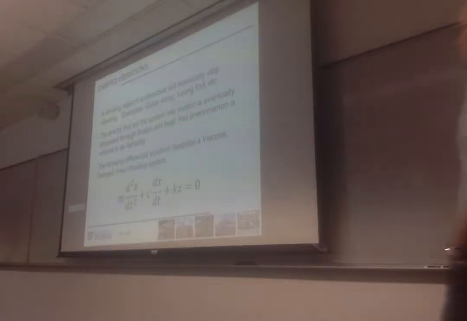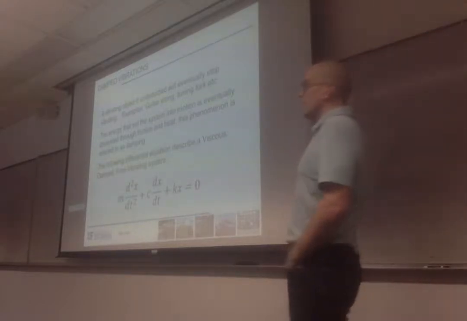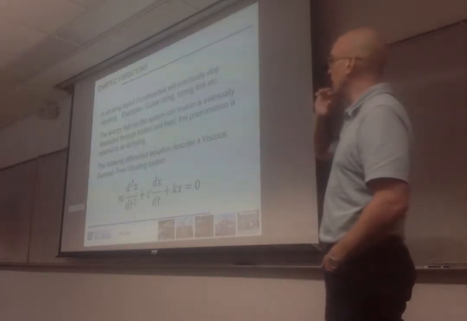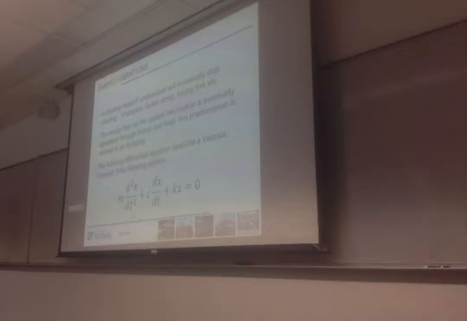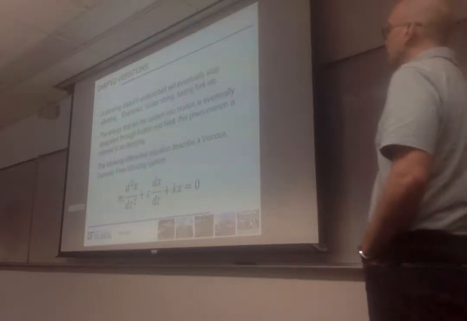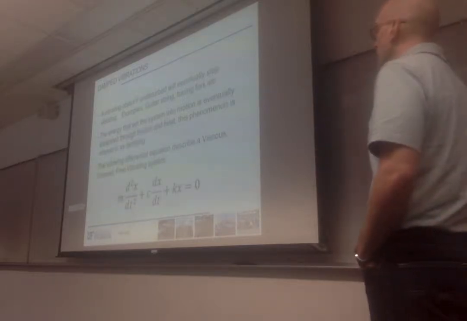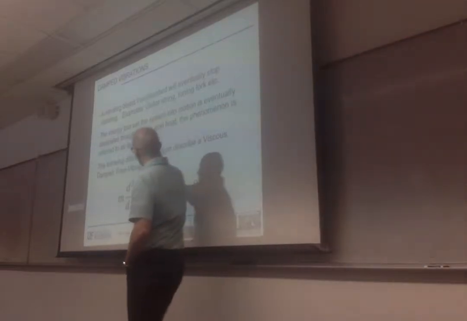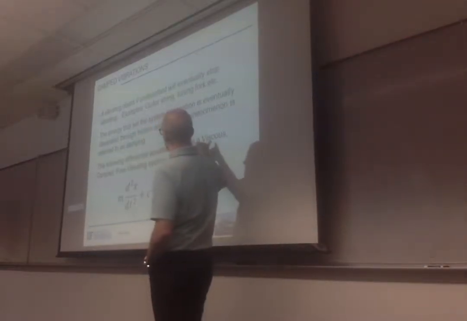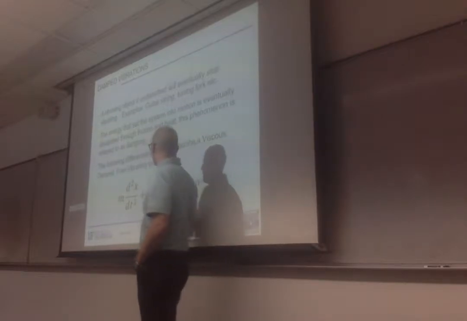That means that some of the energy that was applied to the system at some point gets dissipated through friction, heat, etc., or sometimes mechanical means, but it's what's referred to as damping. So this here represents a viscous damped free vibrating system.